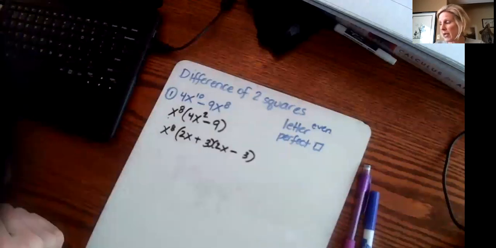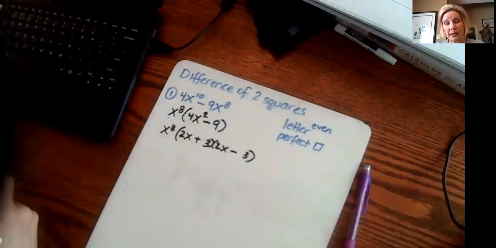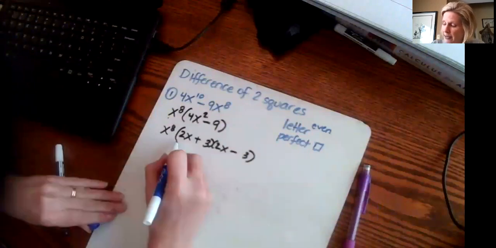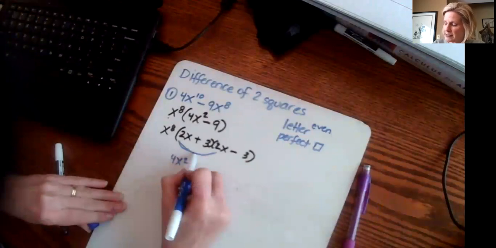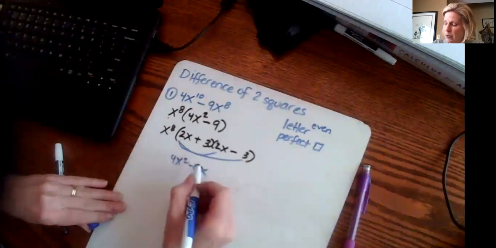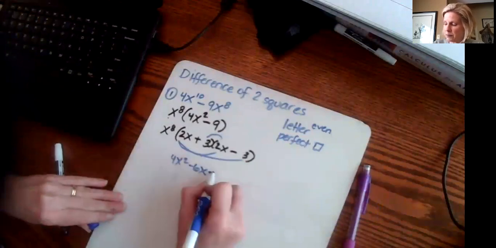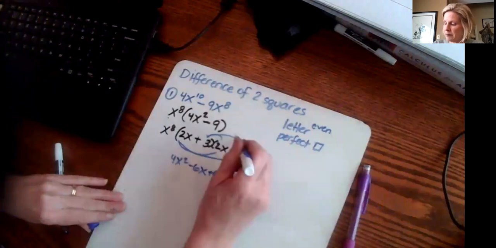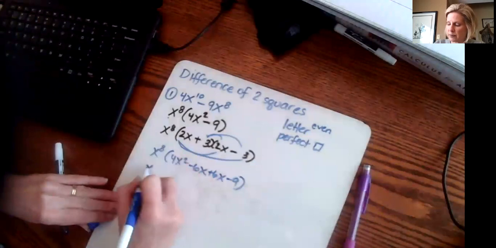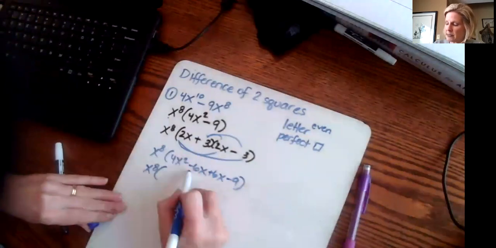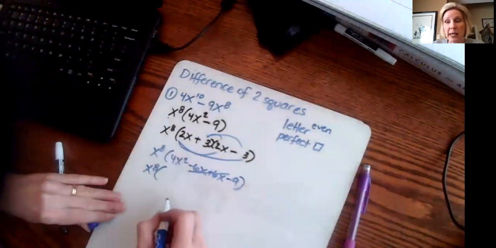So remember, the idea is when you're checking, you're going to FOIL it back out. So that's 4x squared minus 6x plus 6x minus 9. I've still got that times x to the 8th. The minus and plus positive 6x, those cancel.